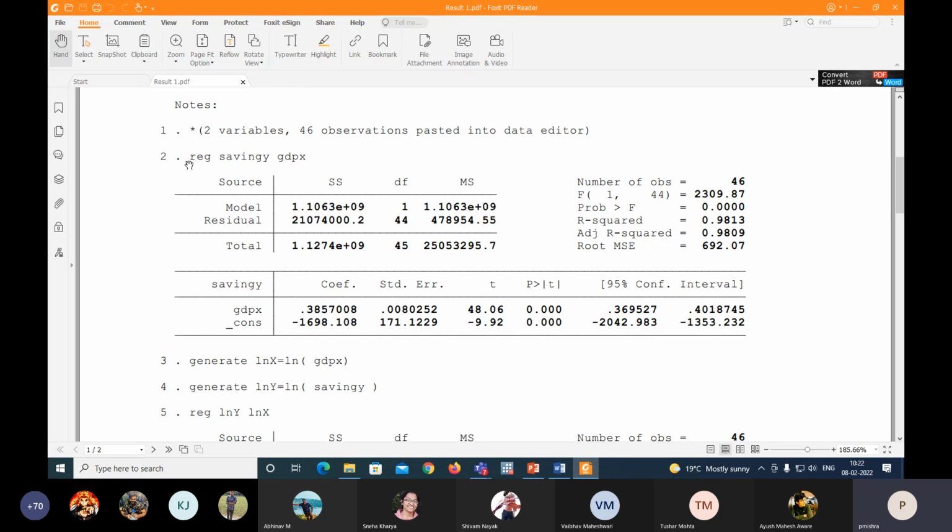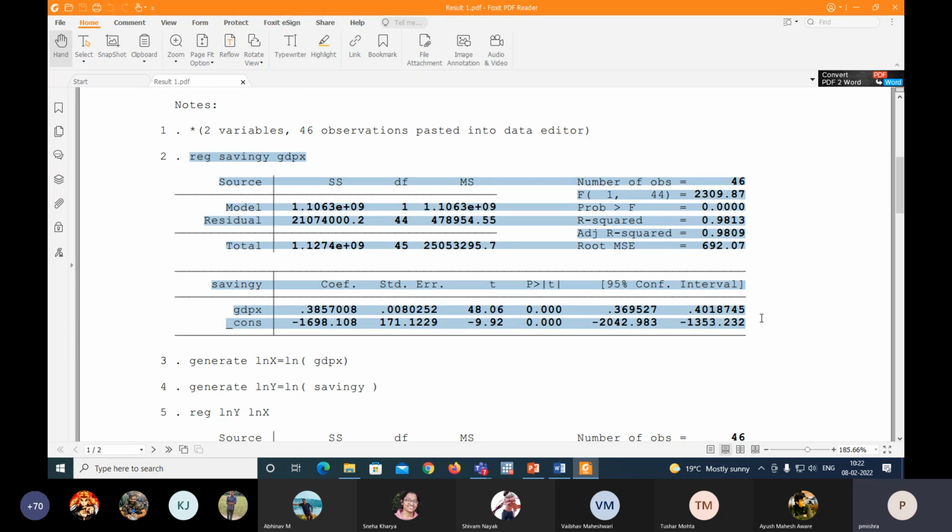You see command number 2. I'm talking about command number 2. This result sheet, if you see, here the model is estimated with measurement of the variables in arithmetic scale. Am I right? Am I right, Abhinav?